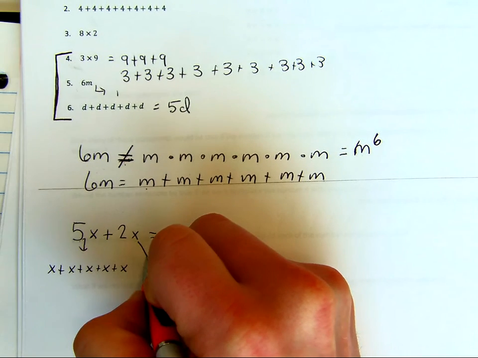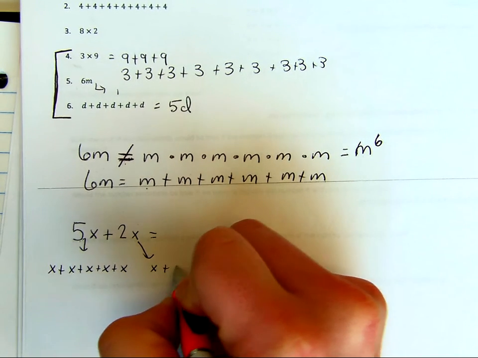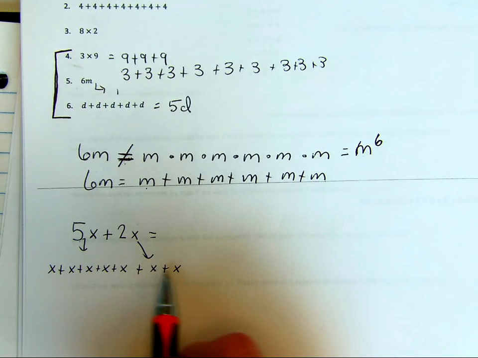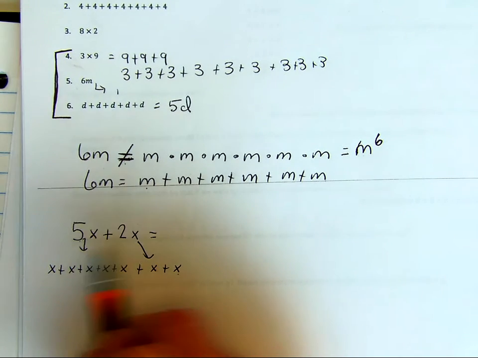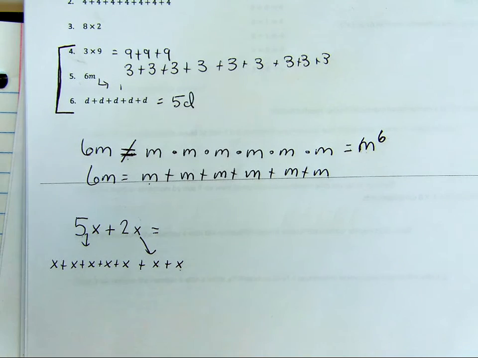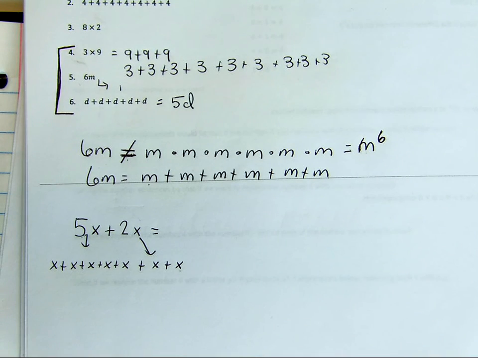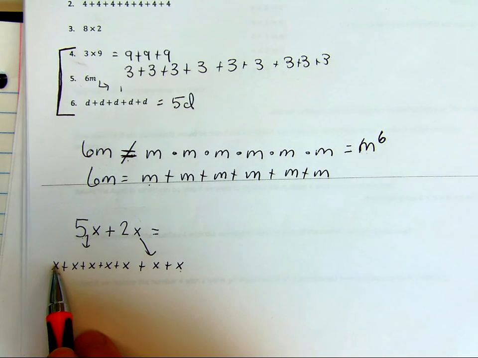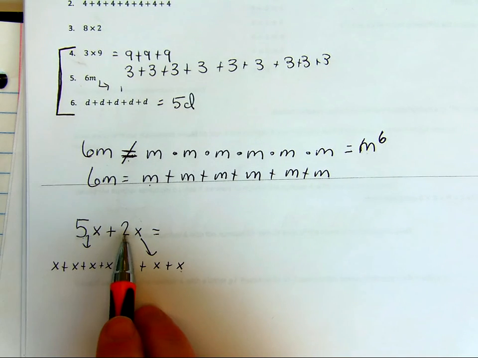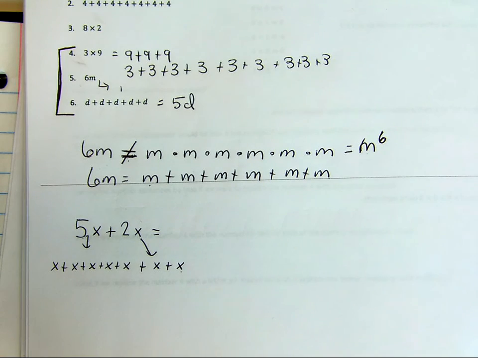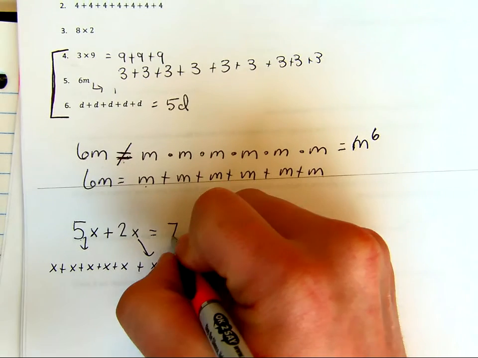And then this part of it is x plus x. So ultimately, what's it going to be? Jada? Well, first you can add 5 and 2, and then it would be 7. So this is 7x.